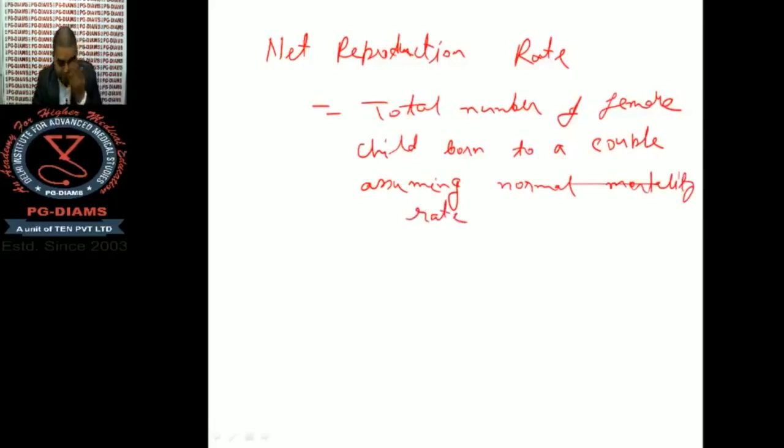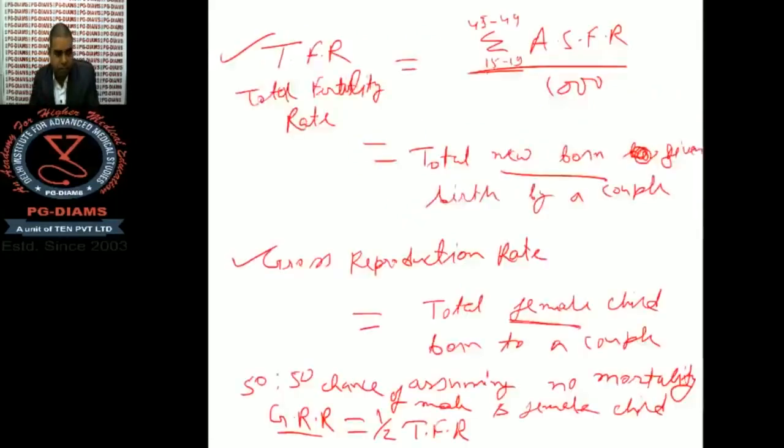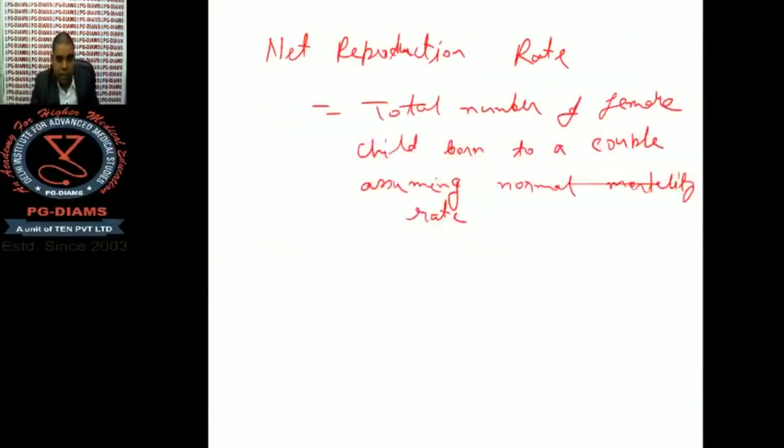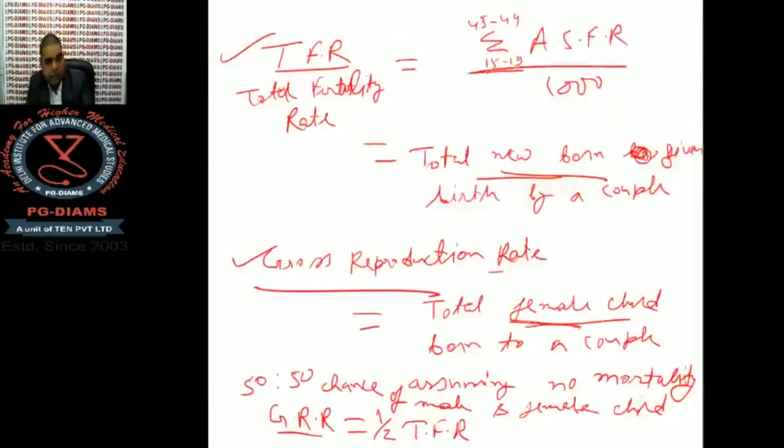So what was the difference between total fertility rate and gross reproduction rate? In total fertility rate we take all newborn, but in gross reproduction rate we take only female child. And in net reproduction rate we take only female child, but we also take the normal mortality rate. To explain it further, let us take one example.